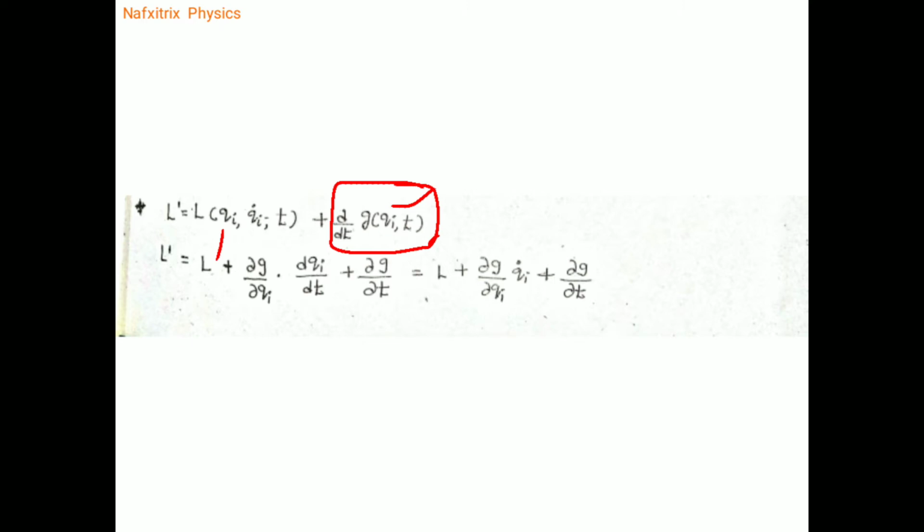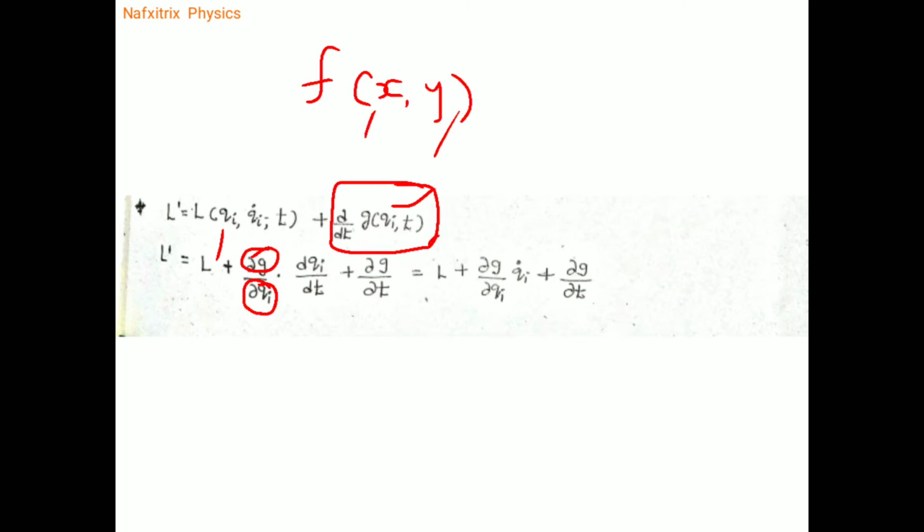So first of all we need to differentiate g with respect to the generalized coordinate q_i. If suppose f is a function of x comma y, then in partial differentiation, what we used to do is partially differentiate it with respect to x as well as with respect to y.